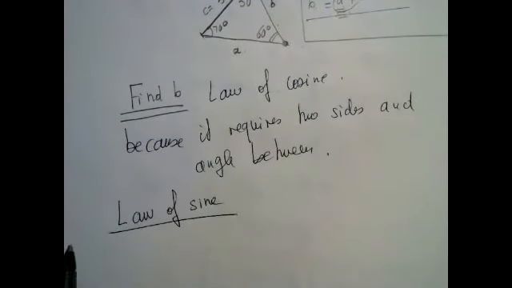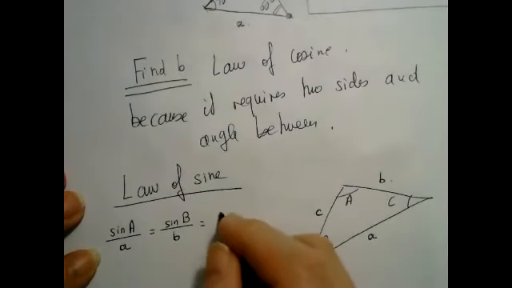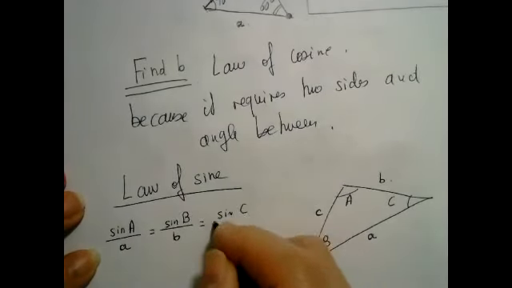The sine of A over A is equal to the sine of B over B, which is equal to the sine of C over C.